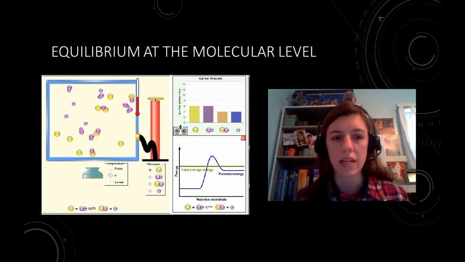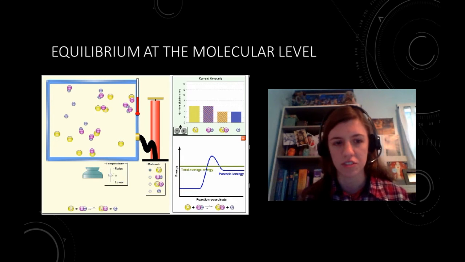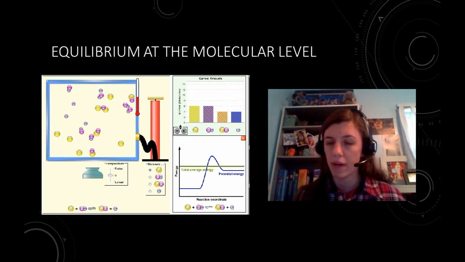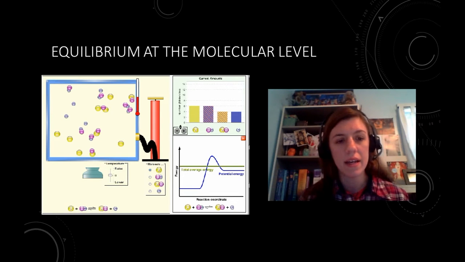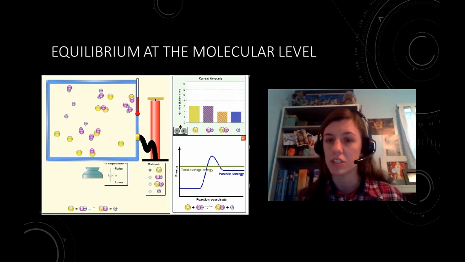Part of the reason is the temperature at which I have this reaction vessel. If you look at the reaction coordinate diagram at the bottom right, you see where I have my green temperature line, and it's pretty close to the activation energy of both the forward and the reverse.